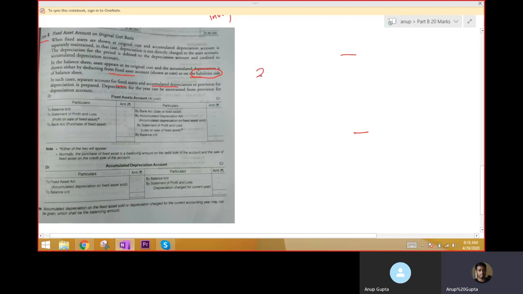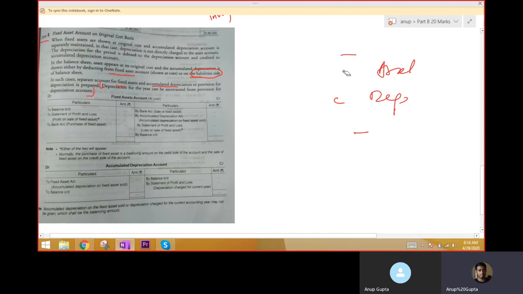So I said there will be two accounts prepared: one is fixed asset, another is accumulated depreciation, or provision for depreciation. Depreciation for the year can be ascertained from the provision for depreciation account. This last line we will understand when we make the account itself.